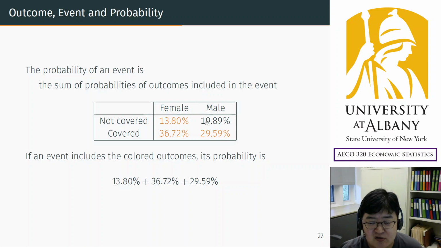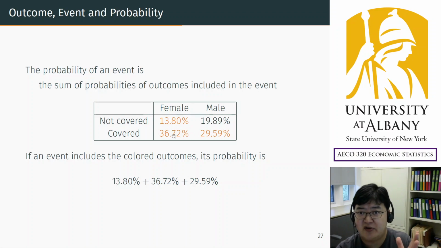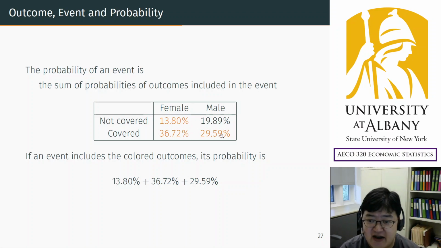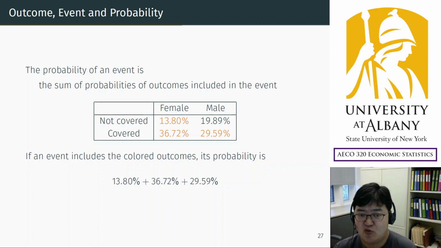So it does not include men without health insurance, but it includes the other three types of people. Then its probability is the sum of these three probabilities. So the probability of the colored event is the sum of the probabilities for each of the outcomes, right? That's how we attach probability to any combination of outcomes.